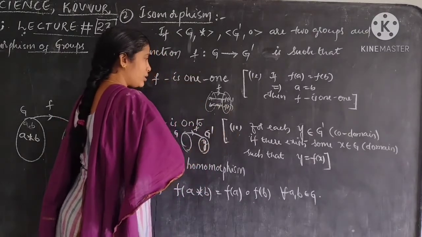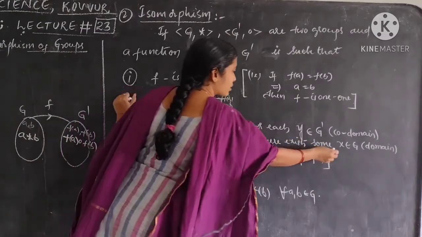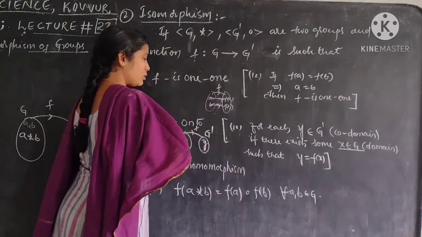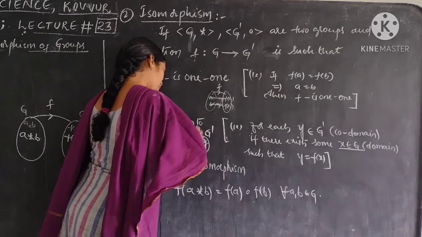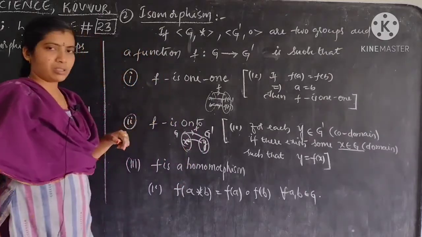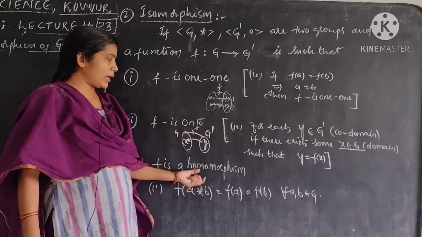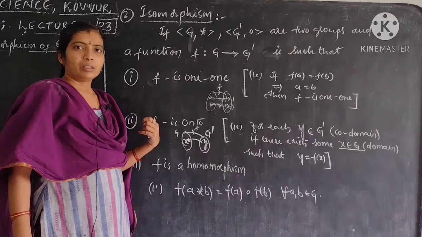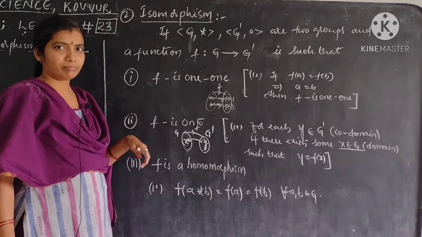If there exists some element x in G, what is G? It is the domain of the function, such that y can be expressed as the image of x, which means that every element in the codomain has a pre-image, then that function is called an onto function.